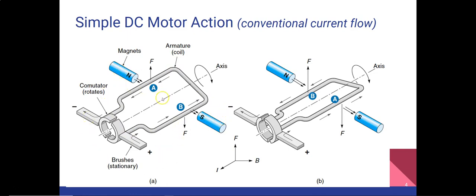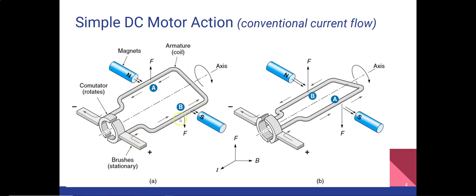This first picture shows that when you give the DC supply through these brushes, the current will start flowing from here, and this will be the direction of the current. You can notice that due to these two magnets, the magnetic field is created here.